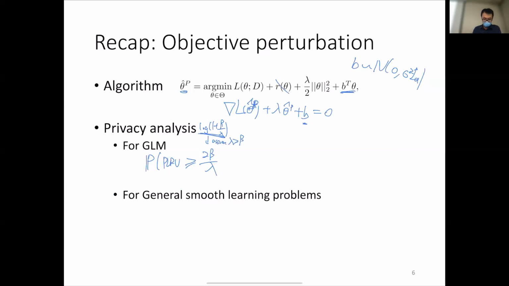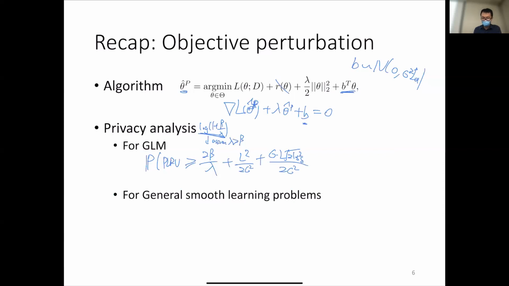That's the first term, and the second term is L square over 2 sigma square, and the third term is sigma L square root of log 2 over delta over 2 sigma square.